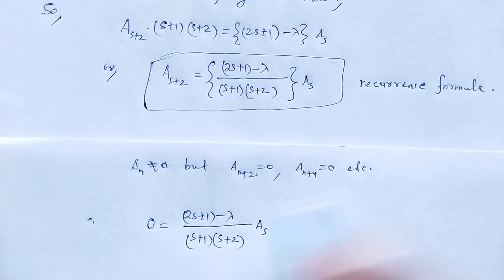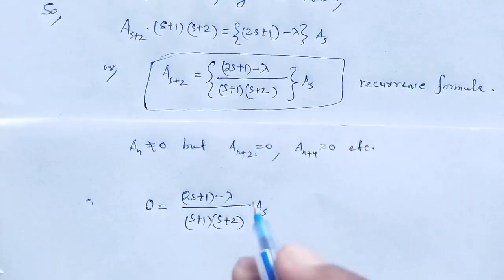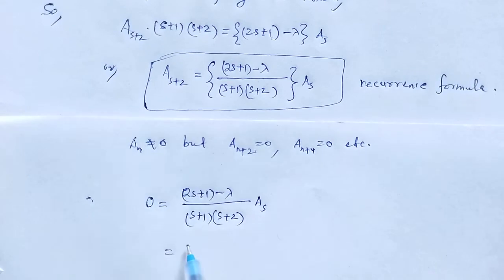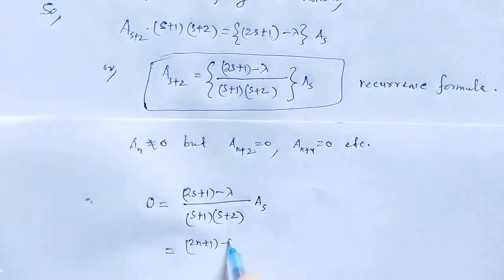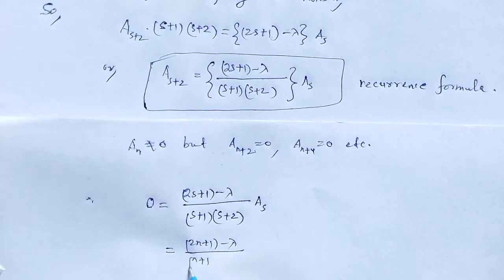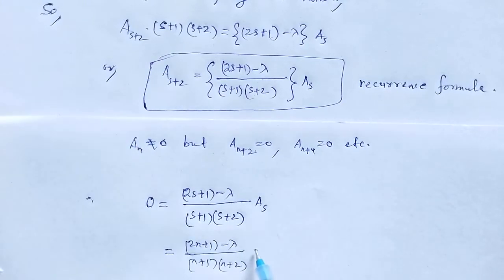Just let us put n in place of s, that is (2n plus 1 minus lambda) divided by (n plus 1)(n plus 2) a_n.